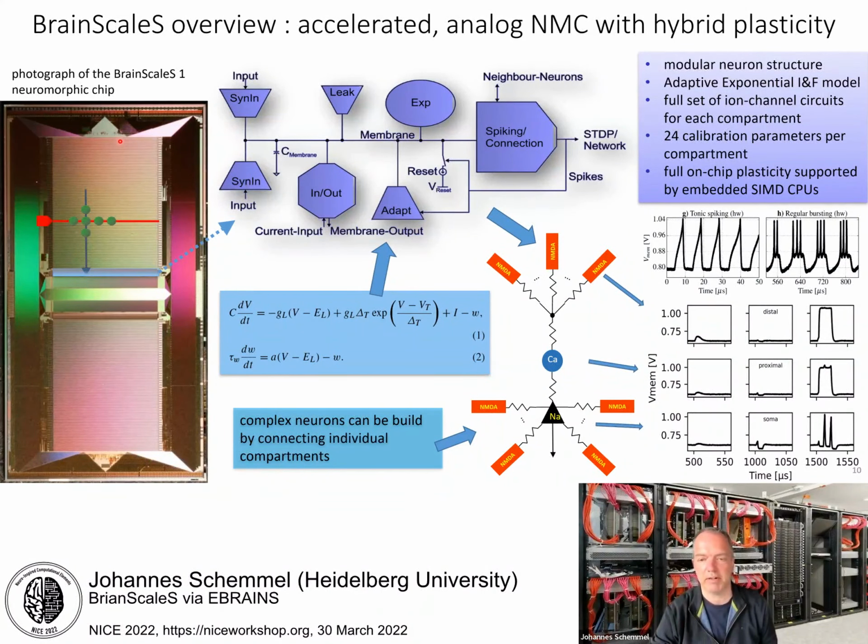You have an analog CMOS-based system based on BrainScaleS chips, and they contain a lot of synapses and some neurons. In principle, they integrate on the analog membrane capacitance the input signals of the synapses. And then they have special circuits mimicking ion channels for exponential behavior, adaptation, and also for the spike generation. And these neuron circuits are modular.